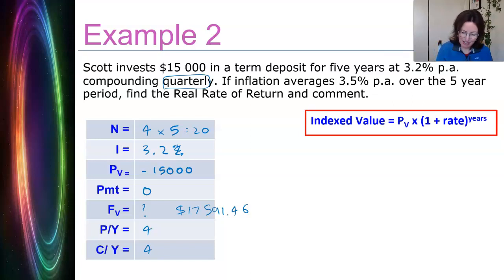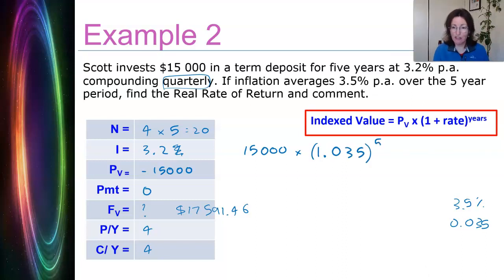So this index value. The PV was the $15,000, and we're multiplying that by 1 plus the rate. So it's 3.5%. As a decimal is 0.035. Adding that on to 1, we get 1.035 to the power of the number of years, which was 5.